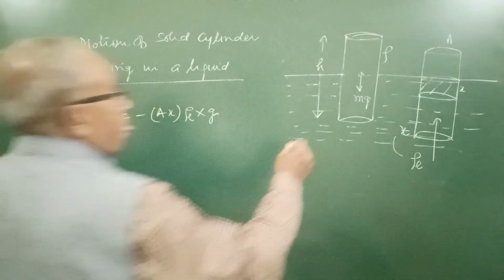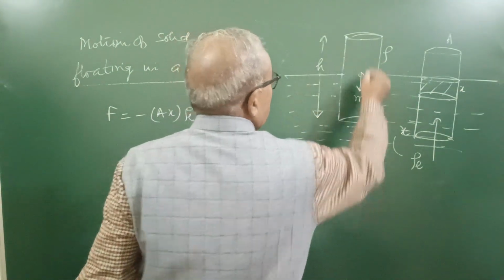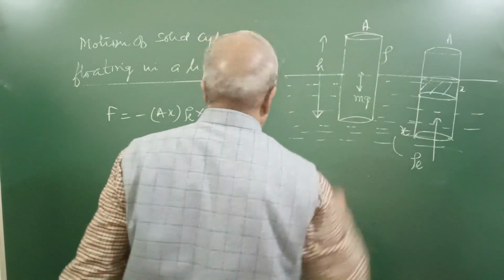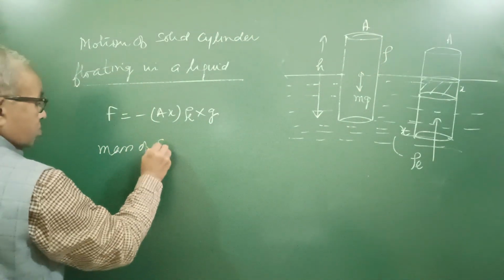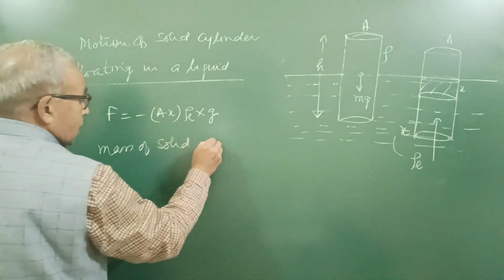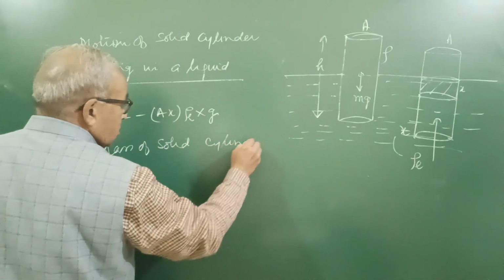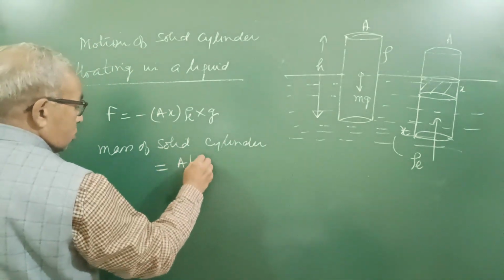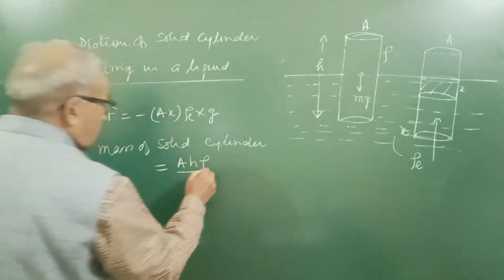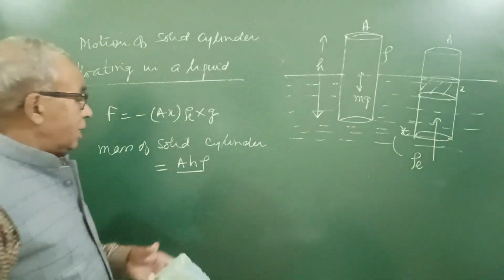If A is the area of cross section and H the height, then the mass of the solid cylinder equals A H rho, volume into density.